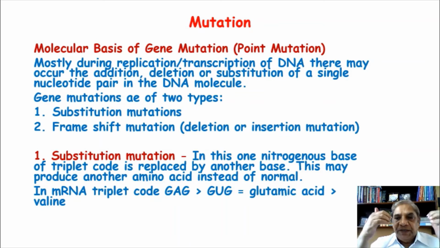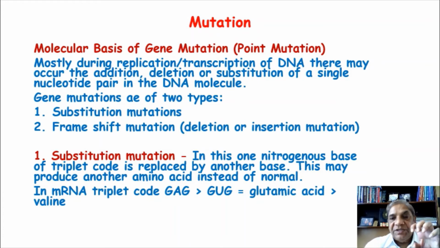The triplet code GAG is responsible for the formation of the amino acid glutamic acid. But due to the replacement of A by U, as we will see in the next diagram, the triplet code has become GUG, which will not produce glutamic acid. Since the code has changed, it is going to produce another amino acid called valine.